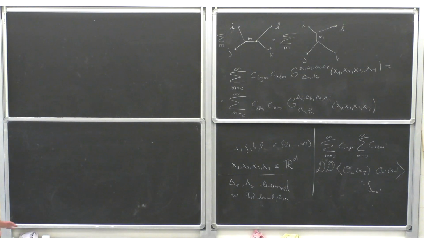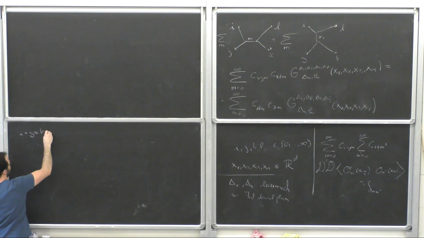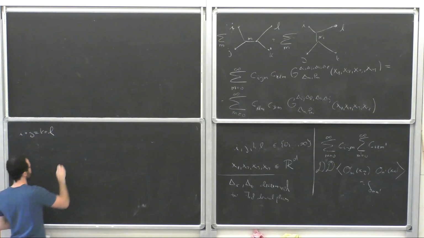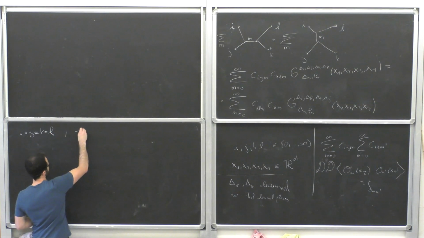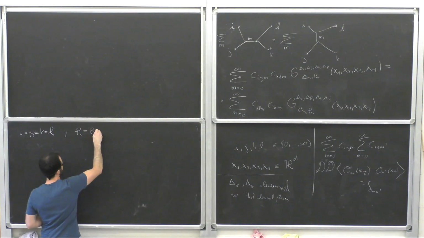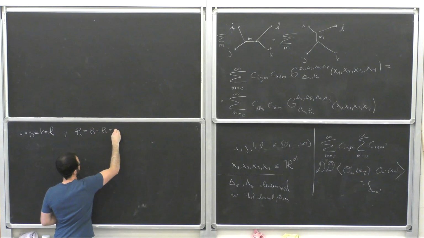Okay, so we have this huge infinite set of equations, and let's just look at some subset of these equations. And the subset we are going to choose is when all 4 external operators are the same. So i, j, k, and l are all the same, and they correspond to scalar operators. So rho i is rho j, rho k is rho l.